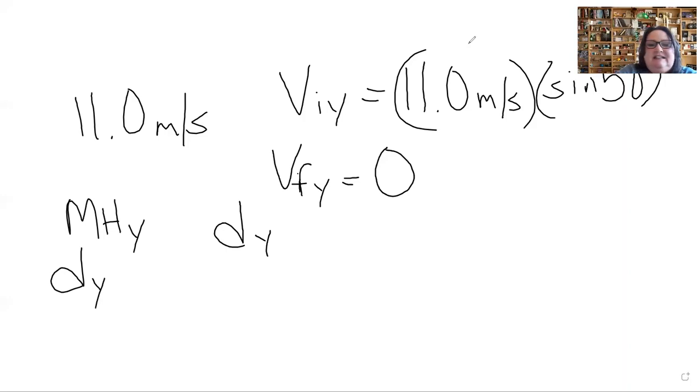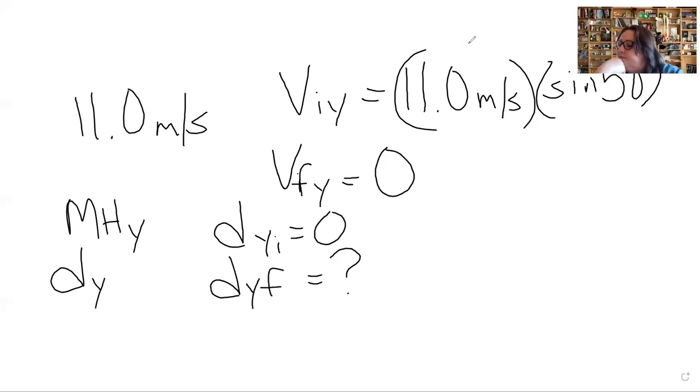The initial distance on the y, well, it's in his hand, so it's 0. And we are solving for final distance on the y. The initial velocity, 8.43. Thank you.